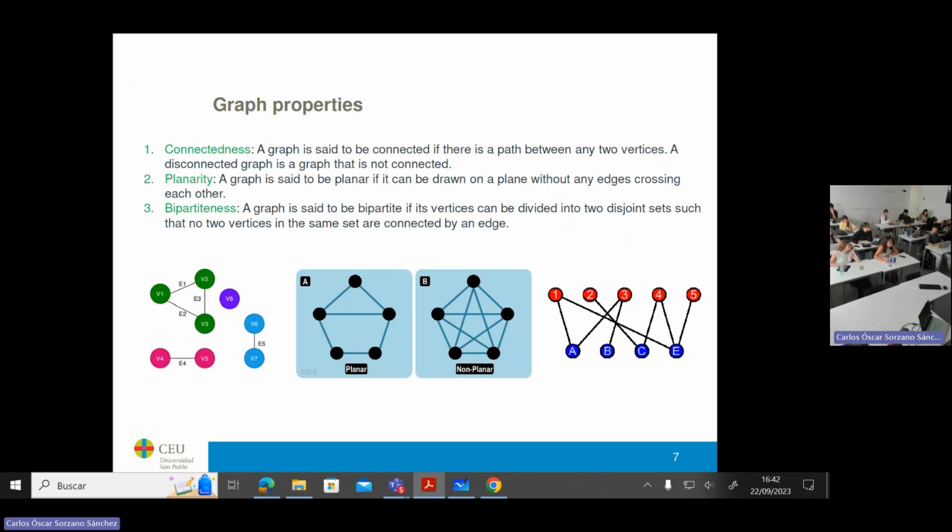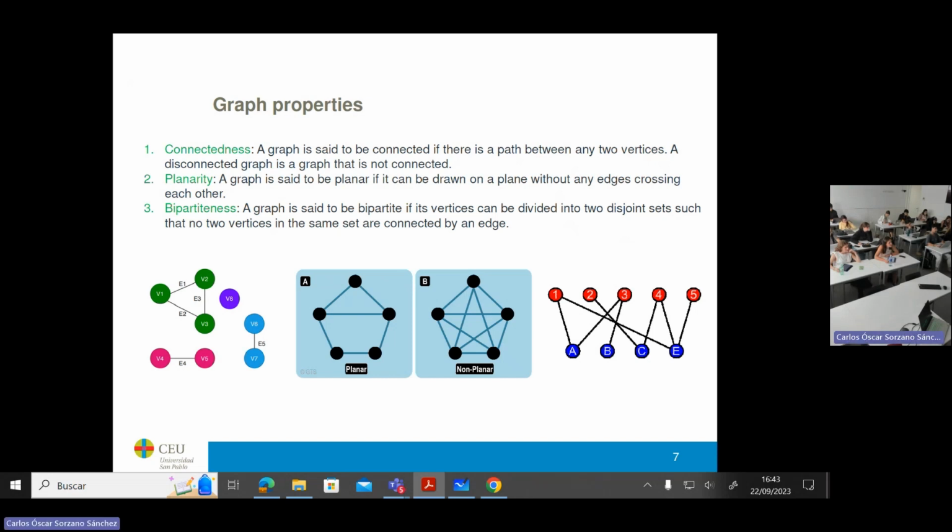Then you can say that a graph is planar or non-planar. A graph is planar if you can draw it on a piece of paper without crossing edges. And this graph is non-planar. It is not only about how to draw, it is a property of whether it can be drawn or not.